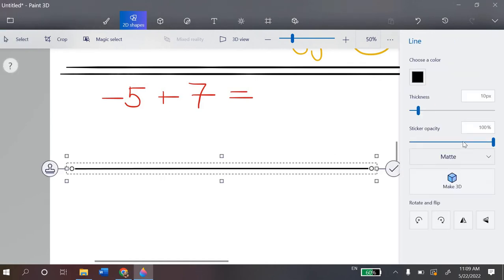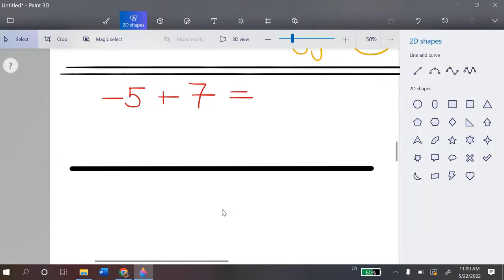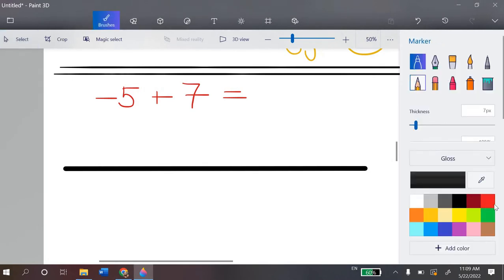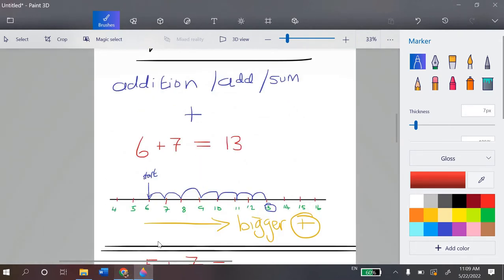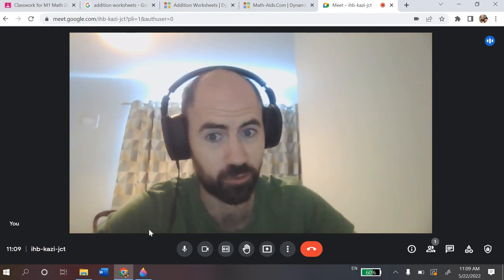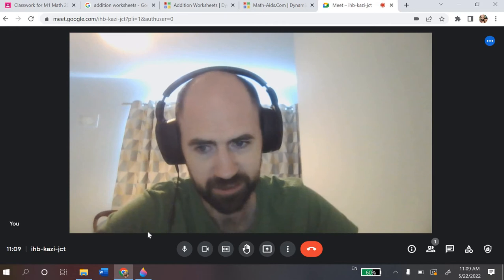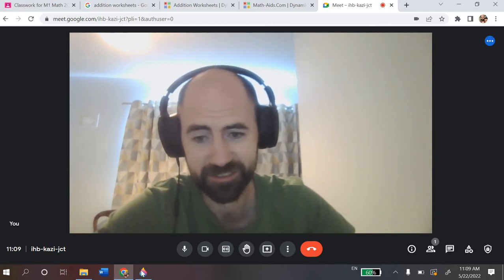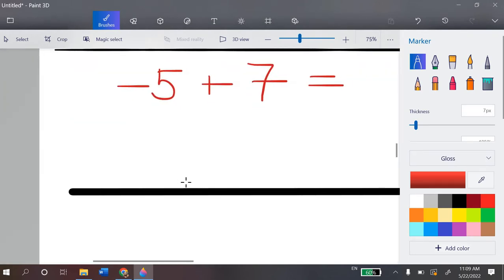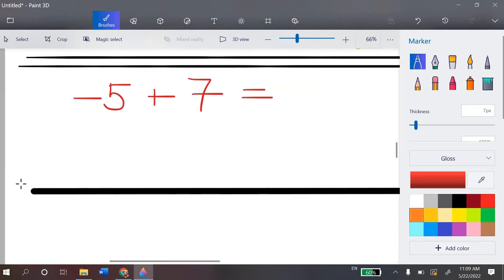Here's our number line. Let's make it a bit thicker. There we go, a nice big thick number line. And let's put some numbers on it. Again, for all of you, please remember to be writing this down. Take your notes, as you should for all of your classes, not just math, all classes. Let's go with orange this time.